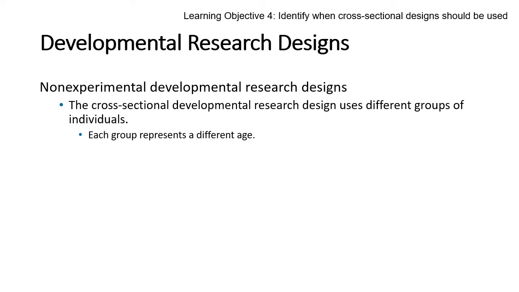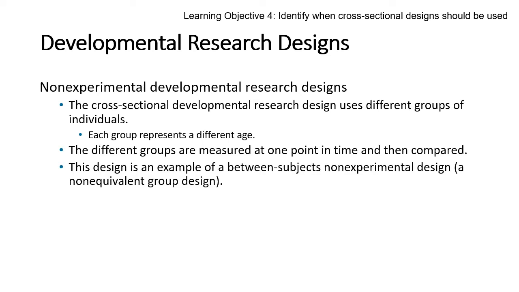Well, each group is going to represent a different age category, and this is a cross-sectional design, meaning we're looking at these different groups, but again, this is non-experimental. Why is it non-experimental? Because we didn't assign people to be in these groups. We didn't assign people to be in the 20s group, the 30s group, or the 40s group. Their age is pre-existing, so they got assigned to groups based on their pre-existing conditions.